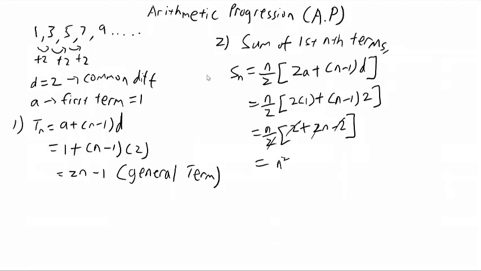There's another variation to this formula, which is very similar: Sn is equal to n over 2 (a plus l). A stands for the first term and L stands for the last term.